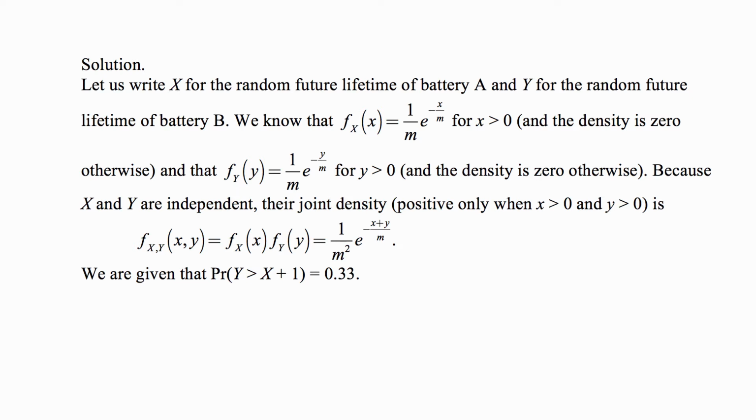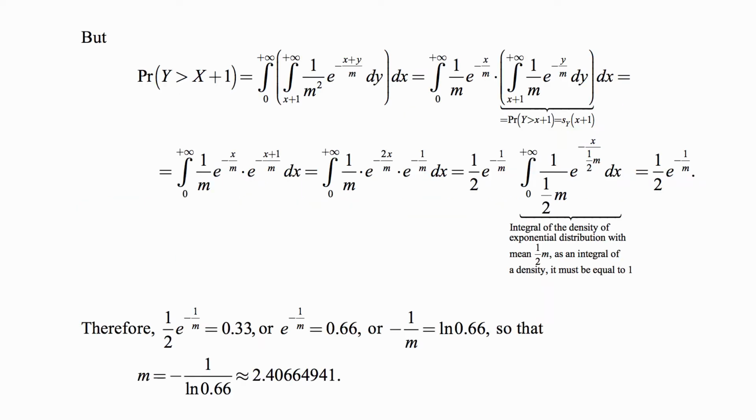And we are given that the probability that y is greater than x plus 1 is 0.33. Our job is to find m. Let's figure out that probability from what we know about the density.